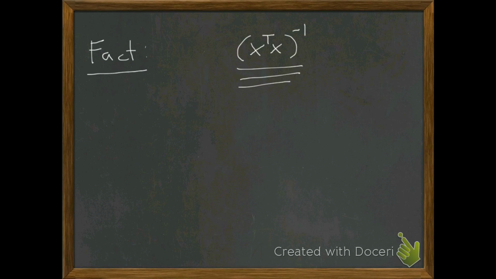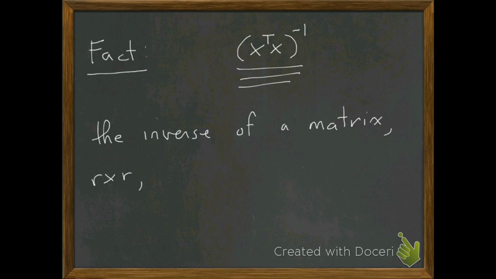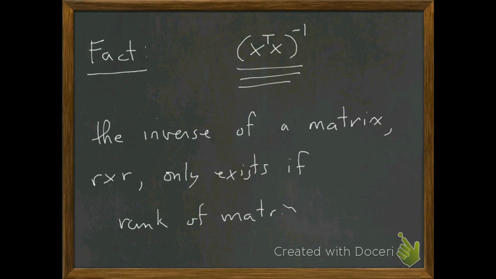So there's a fact, and the fact is the inverse of a matrix, and we'll talk about a square matrix, let's say R by R, only exists if the rank of the matrix is R.